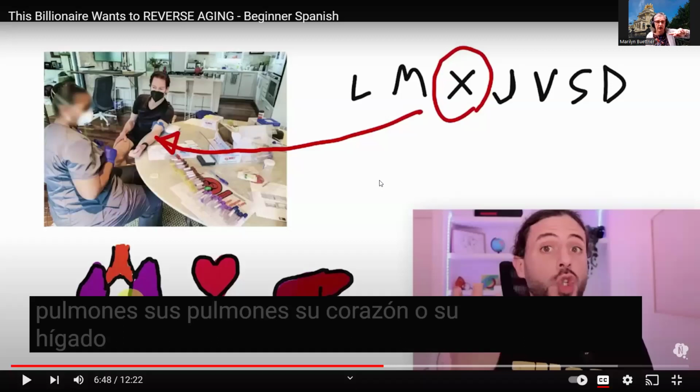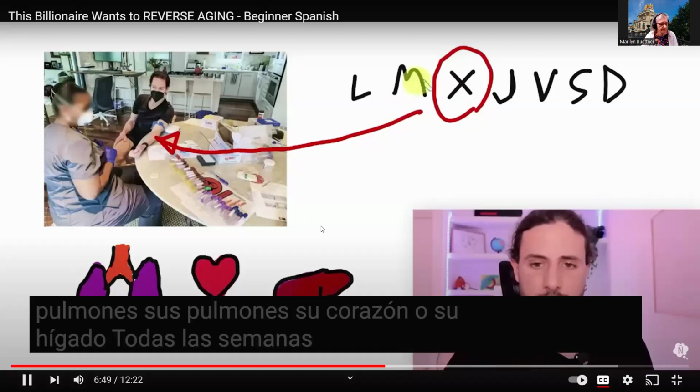Su corazón, his heart, it's only one heart. Su hígado, his liver, it's only one liver. So the item that's owned, when we look at the possessive, the word has to modify that noun. The possessive his is modifying pulmones, plural, so it's sus pulmones. It's modifying one heart, corazón, a singular thing. It is su corazón, singular word. It is modifying hígado, a singular word, so it's su hígado, his liver. Okay, vale.